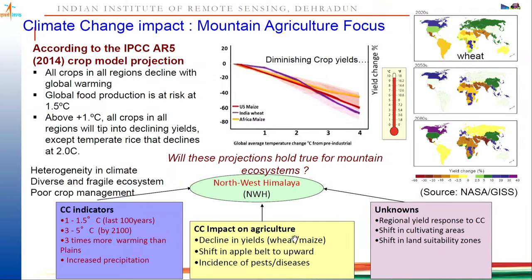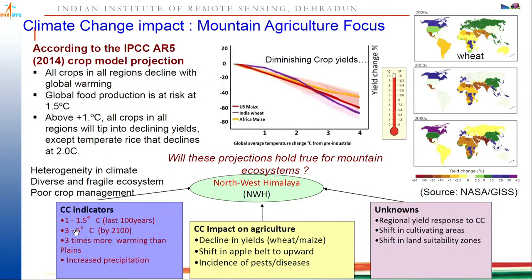But here I wanted to highlight mainly the northwestern Himalaya, where the Indian Institute of Remote Sensing is located. So we have done some case studies to understand how climate change is going to affect the northwest Himalaya. Here you can see climate change is experienced in the northwest Himalaya, 1 to 1.5 degrees in the last 100 years.